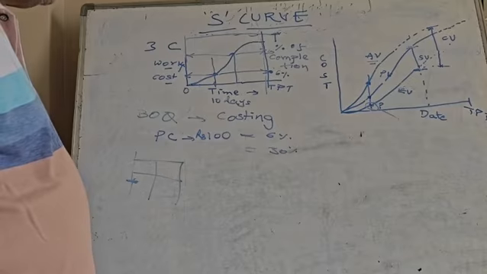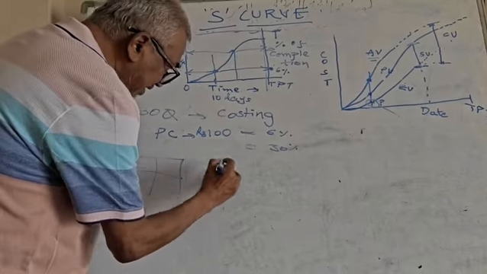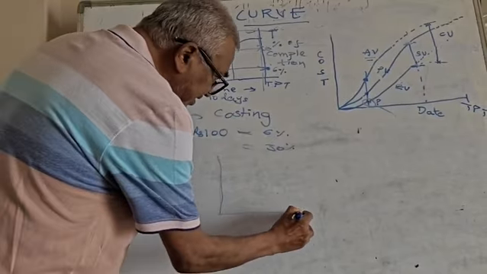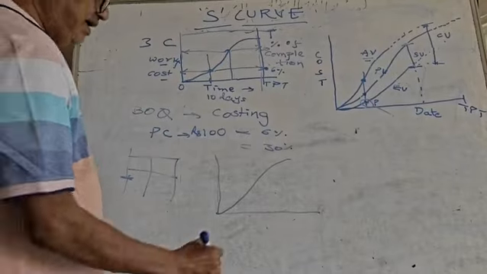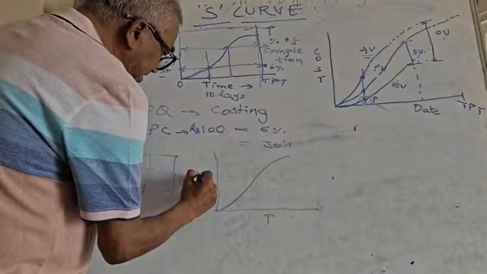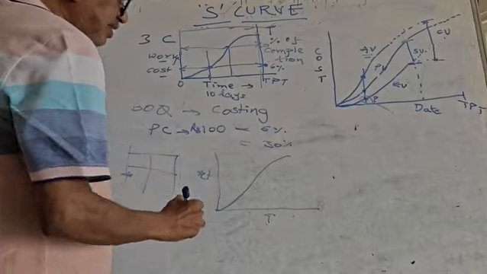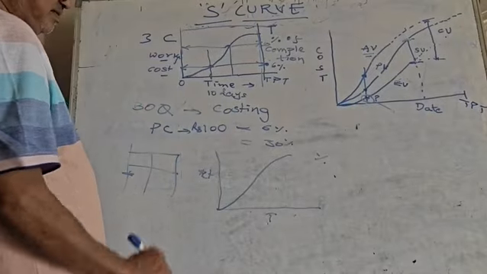Now when we come to the S curve again, normally this can be taken as the duration or time, this you can say as activities, this you can say as percentage completion, three things.